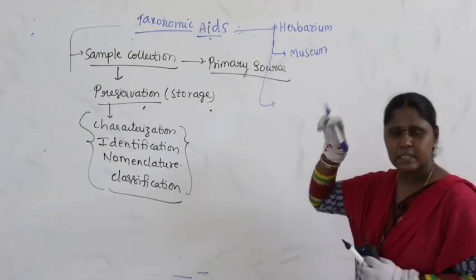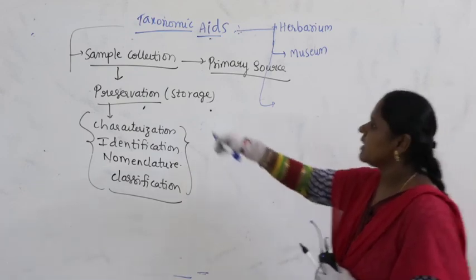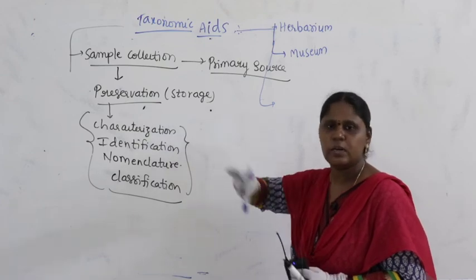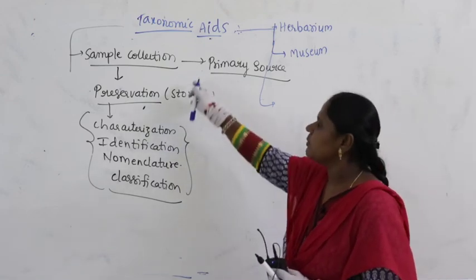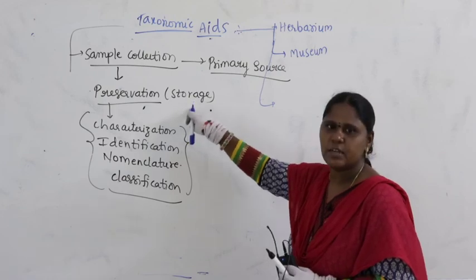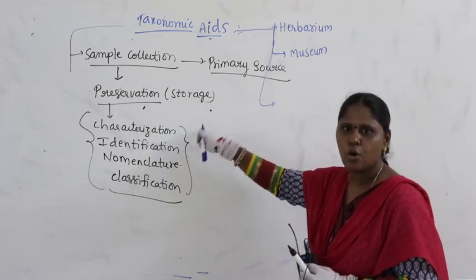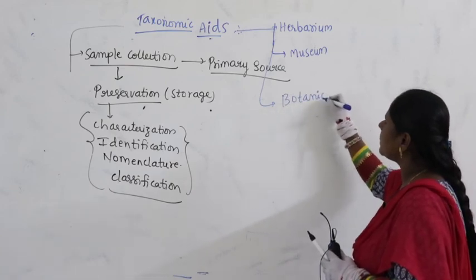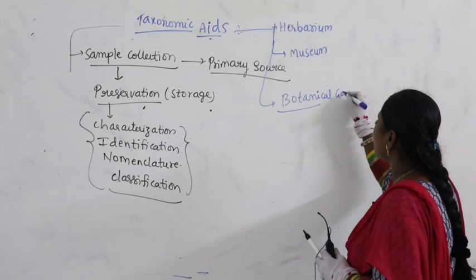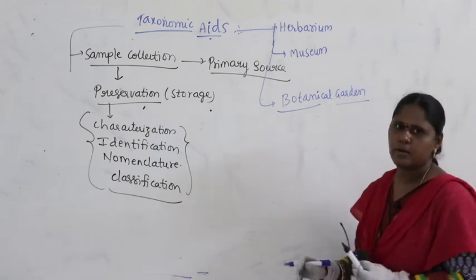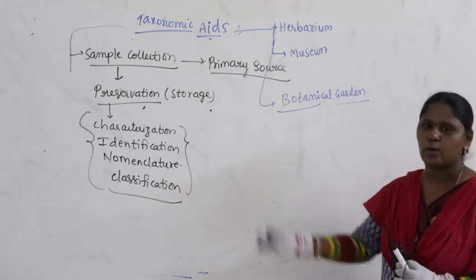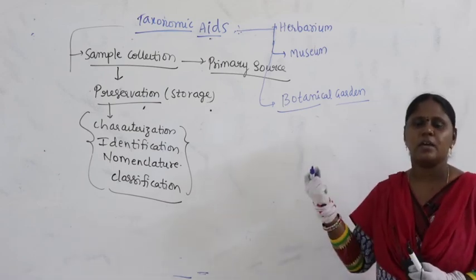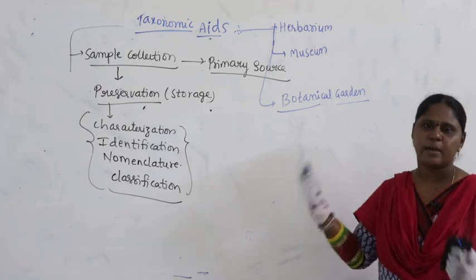Not only extinct organisms, the samples we collect today we need to store for future generations. Any organism you study, you need to preserve and store in a place called a museum. Similarly, if you want to study the complete life cycle of a plant, then you need to allot some space in the environment. Now I want to study the complete life cycle of the plant, how seeds are produced, seeds falling, again a young plant coming, how leaves are produced and how gametes are produced.